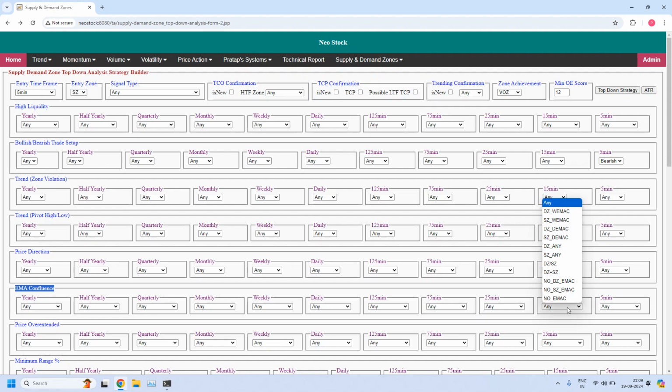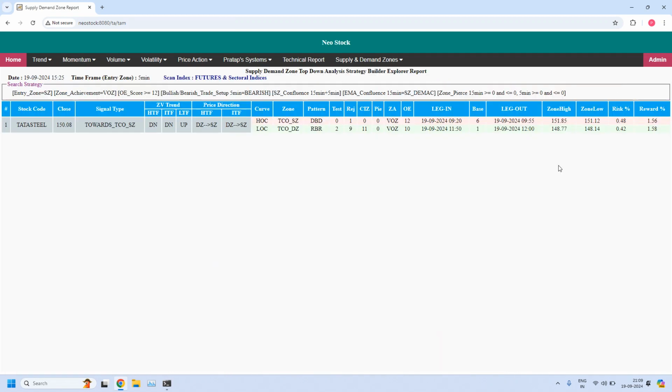I think earlier we selected this filter properly. So in the supply zone with daily EMA confluence, Tata Steel was selected earlier. Yes, perfect. I think Tata Steel is also having HTF confluence. That's why it was filtered earlier when we checked for 15 and 75.